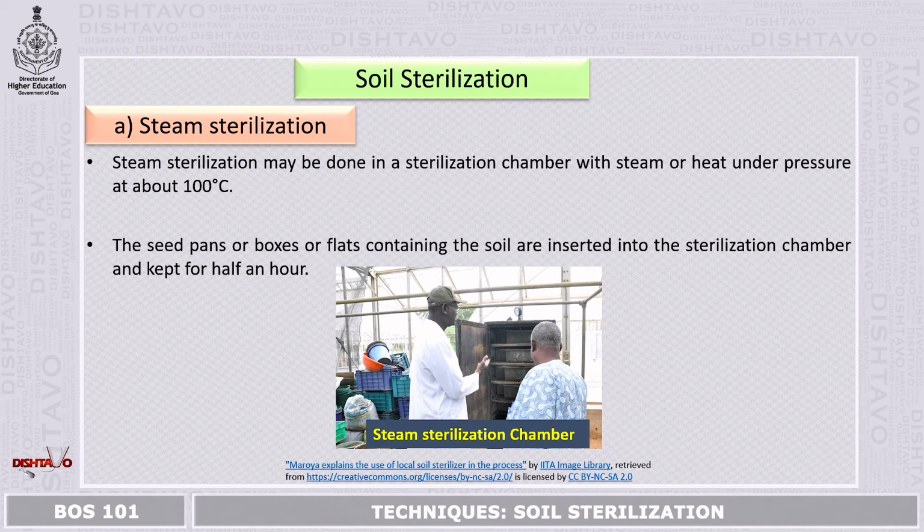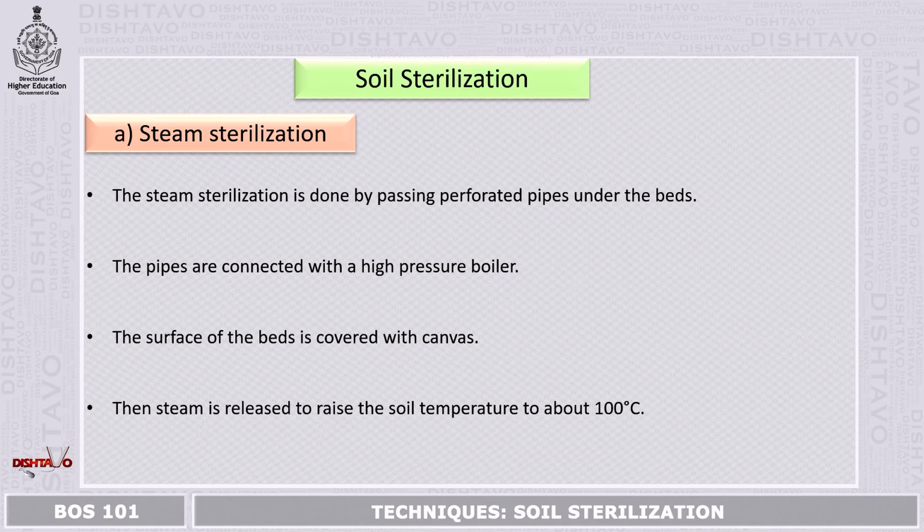The seed pans or seed boxes or flat containers with soil are inserted into the sterilization chamber and kept for half an hour. In this picture, we can see the sterilizing chamber, which is used, and in this the soil is inserted.